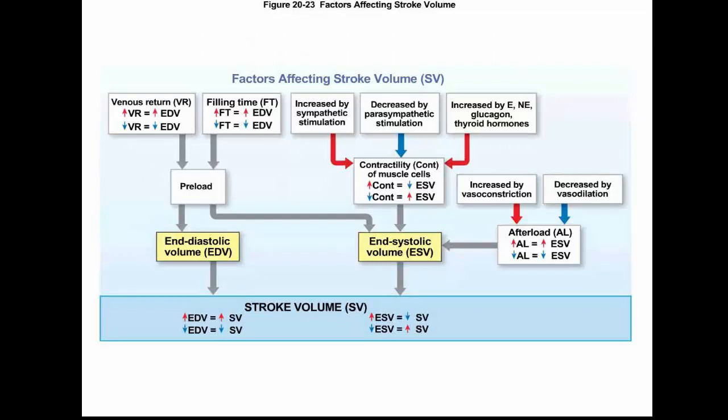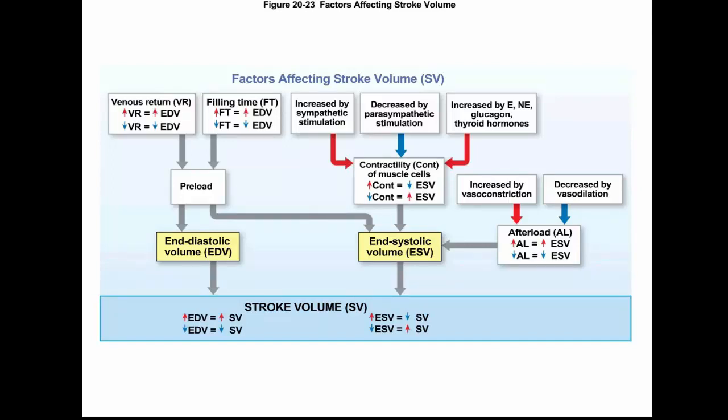This diagram also looks very complex. I'm not going to go through it in a lot of detail, but it is in your books, and there are a number of factors that will be affecting stroke volume. If we just look at the bottom bit, the blue bit, you can see that as end diastolic volume increases, so will stroke volume.